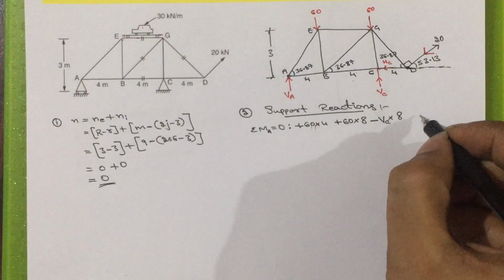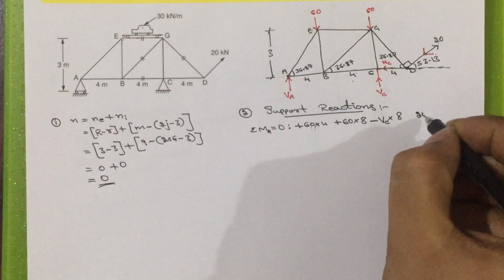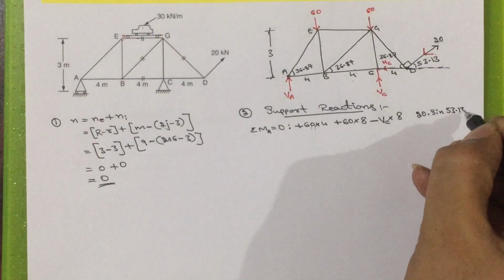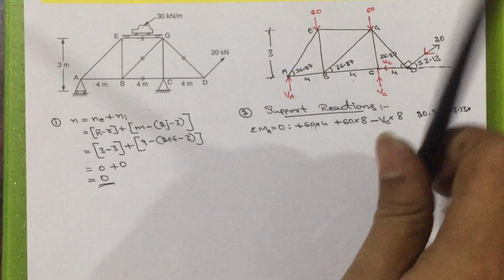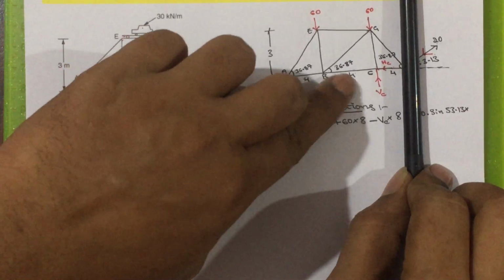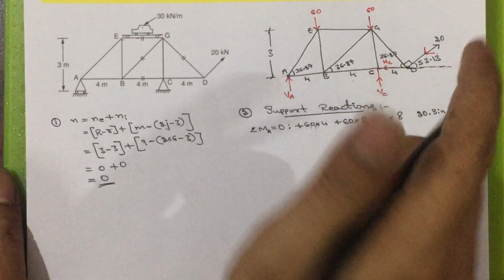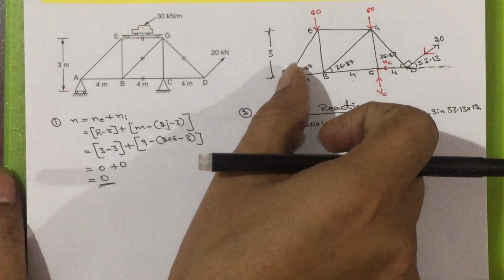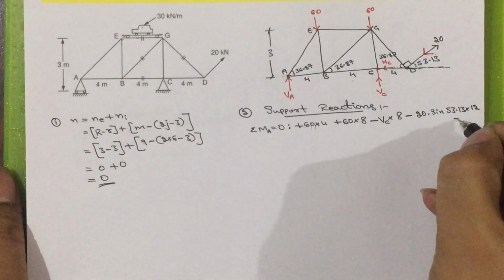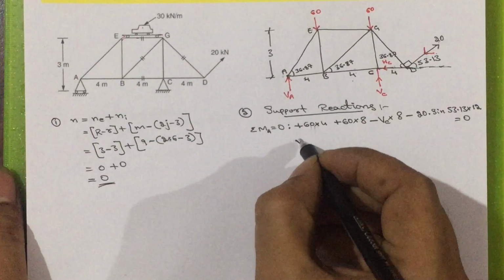Then the vertical component is F sin theta, that is 20 into sine of 53.13 multiplied by the perpendicular distance between this vertical component and the A point, which is 4 plus 4 plus 4, that is 12, and it is going upward. So with respect to the A point, it is going to rotate in the anti-clockwise direction, that should be equal to 0. In this entire equation, the unknown is Vc, so calculate Vc.